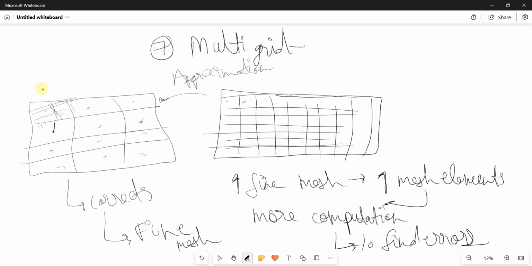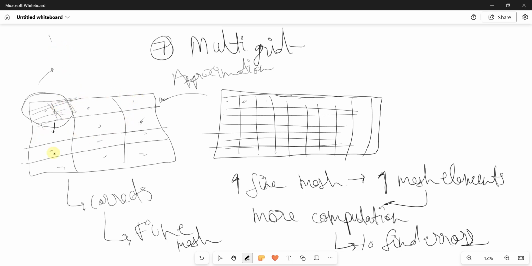The multigrid solver calculates the error for this whole big mesh element, and then it distributes its errors across the fine elements. Now it was easier to calculate for the big mesh elements, right? So once it's distributed, it is almost close to what you would get in a finer one, but you have calculated it way faster than you would in a finer mesh. And so correction is also easier now.